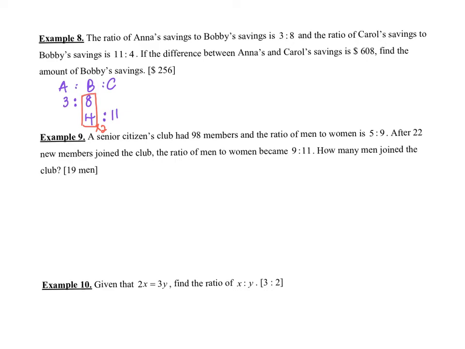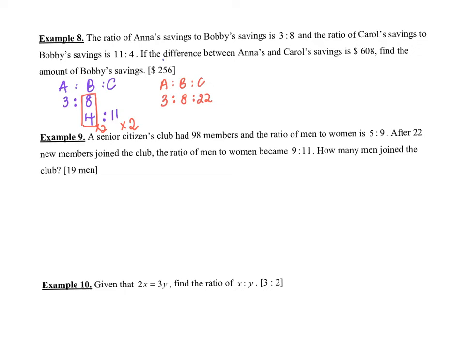If I multiply it to B, I also need to multiply it to C because it's Carol's one. So everything multiplied by 2, I'll get my ratio for A is to B is to C is 3 is to 8 is to 22. So we're going to use this ratio for the working.